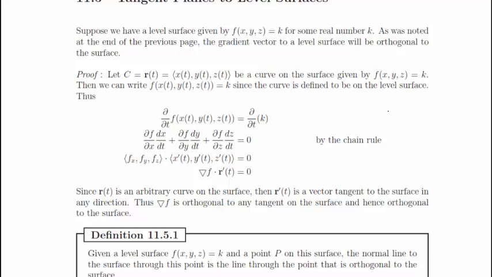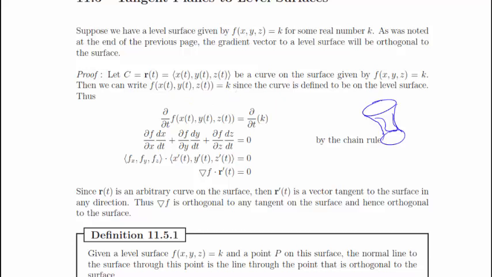So we've got some surface, say my hyperboloid in one sheet, and we draw on this a curve. Since the curve is on the surface, if I plug in x of t, y of t, z of t into the function, we should still get k, because every point on the curve is on the surface.